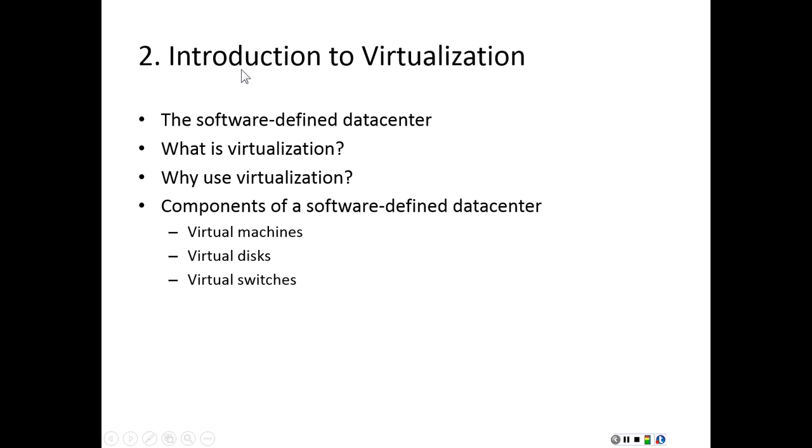Chapter 2, Introduction to Virtualization, is where we provide the background information to understand what is a software-defined data center. What is virtualization, and why would you want to use virtualization? And we discuss the components of a software-defined data center, including ESXi hosts, virtual machines, virtual disks, and virtual switches, all of which we will be covering throughout the course.